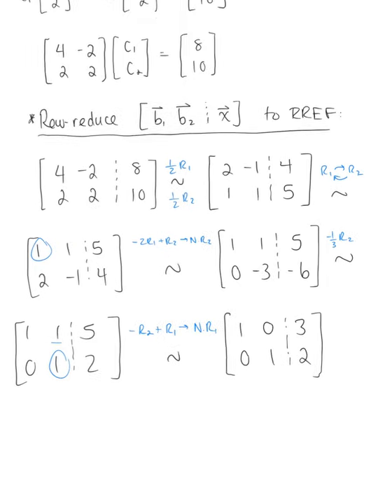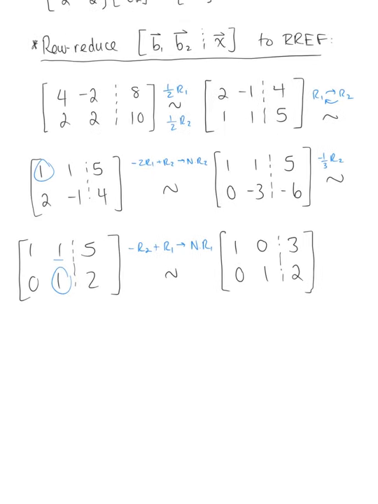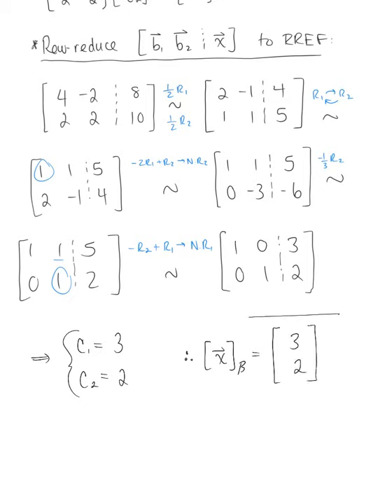So we have solved our system here, and this is equivalent to saying that c sub 1 is 3 and c sub 2 is 2. So therefore, the coordinates of vector x relative to our basis b is the vector 3, 2. And this is our beautiful final answer.